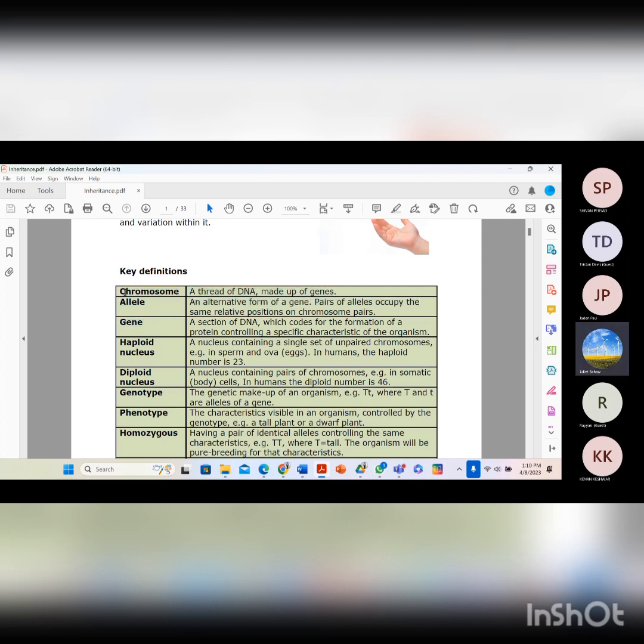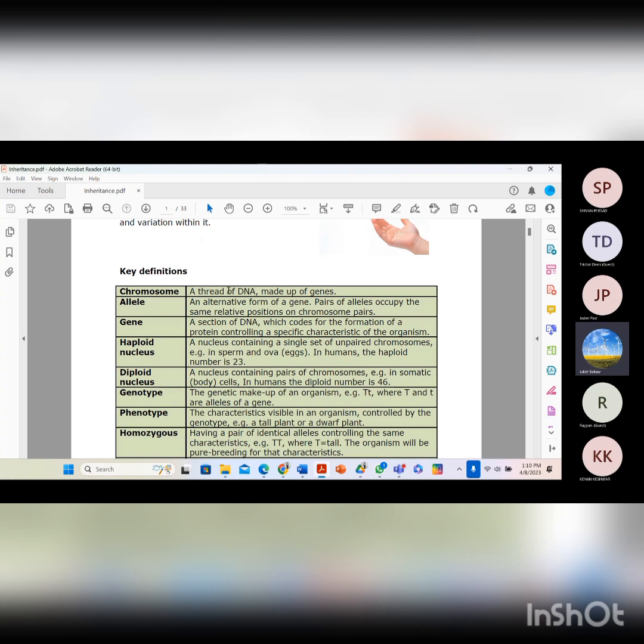Now, you have 46 chromosomes in all of your body cells, except which one? Gametes. Except the gametes, and the gametes are your sex cells. So what is a chromosome made up of?